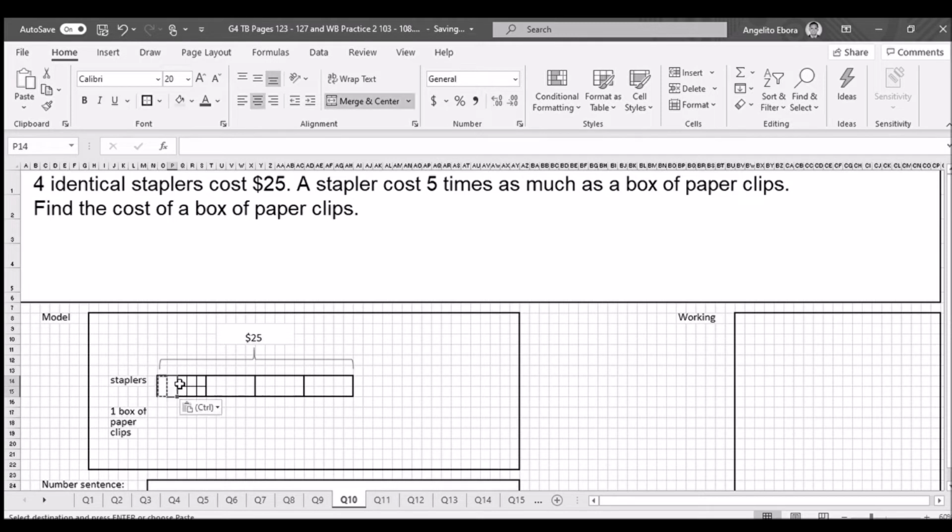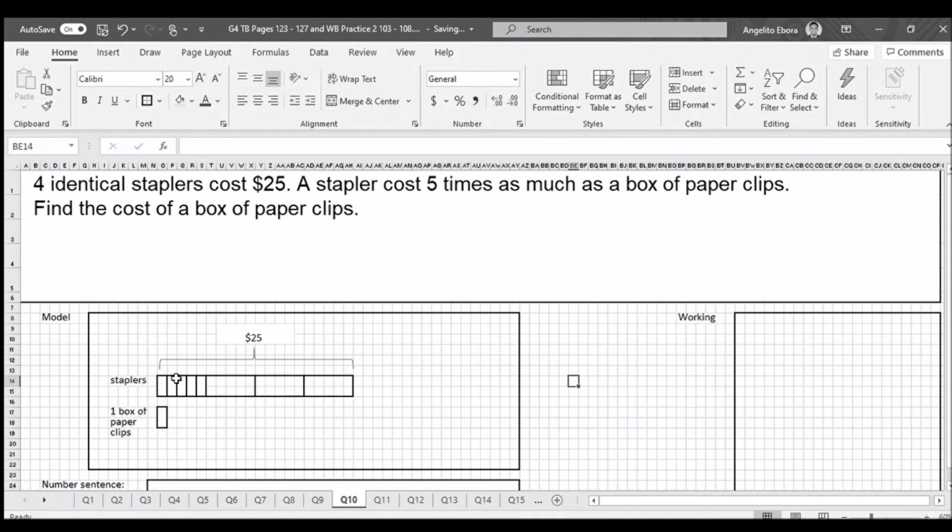So one stapler costs 5 times as much as a box of paper clips. So that means this one is the box of paper clips. And then one stapler is 5 times of the paper clips.